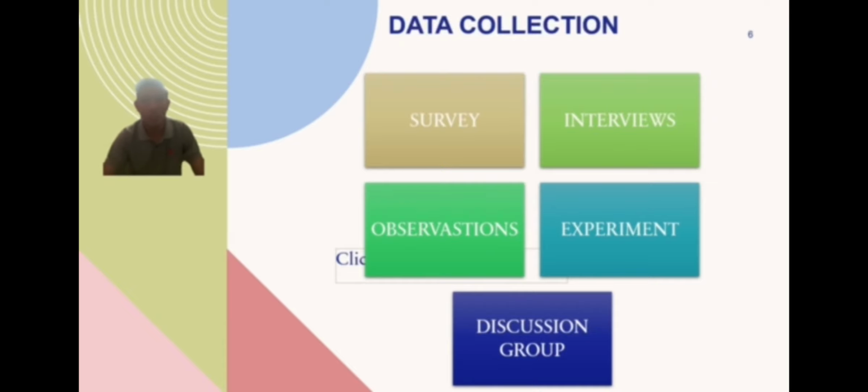For number 3 was observation. The company observes and records the behavior, actions, or events in the natural setting. This method is useful for gathering data for Umicore on human behavior, interactions, or phenomena without direct intervention.